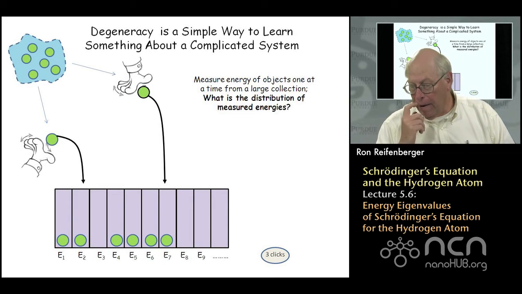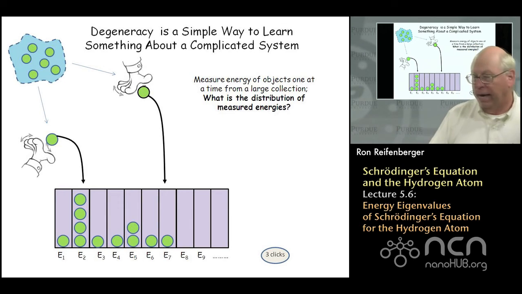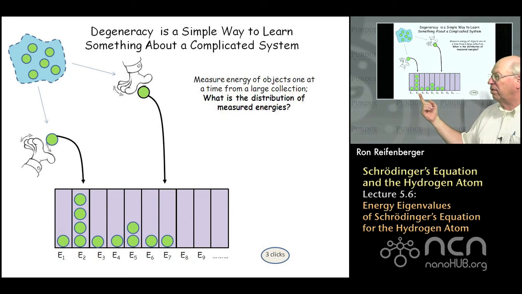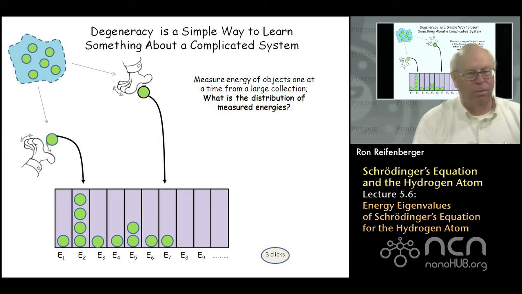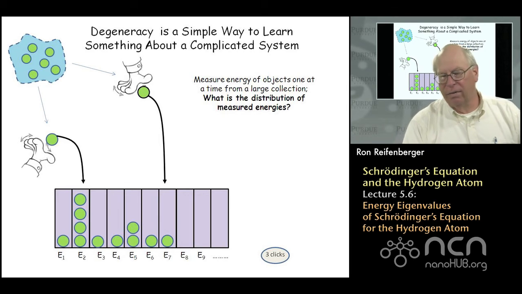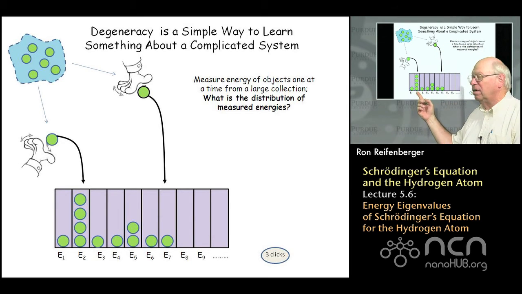That's one scenario. Another scenario might be that one energy is particularly favored. So in this simple example, I just select out the bin with energy E2, and after, let's say, 10 or so experiments, you find that there's a large number of atoms that start to accumulate in that bin labeled E2. That means something. It just simply means that there are more ways in this collection of atoms for the hydrogen atom to have energy E2 than all the other energies that are available.